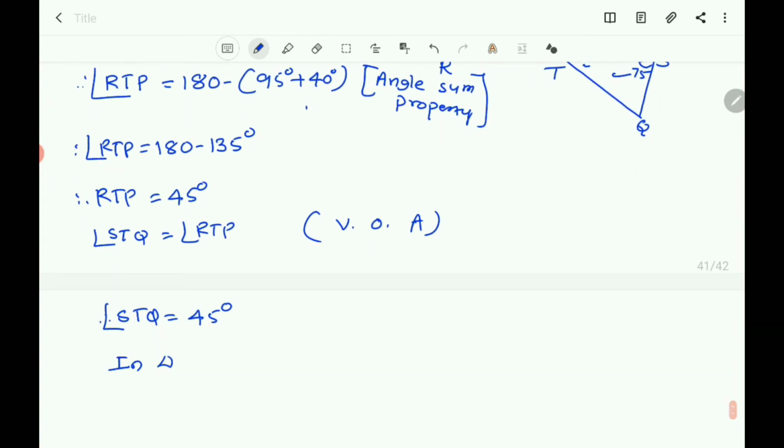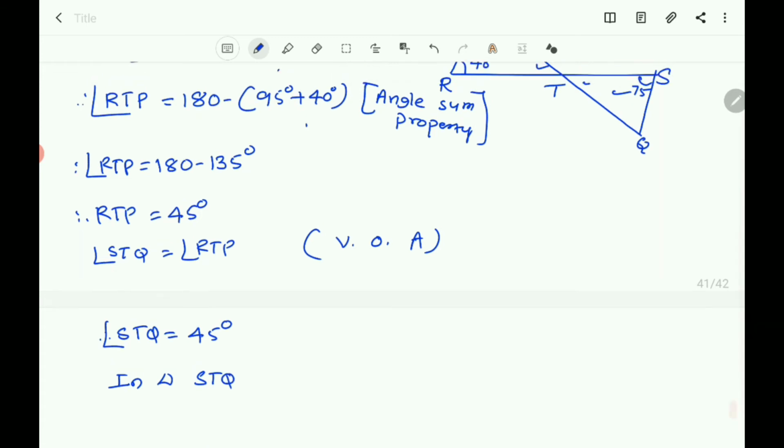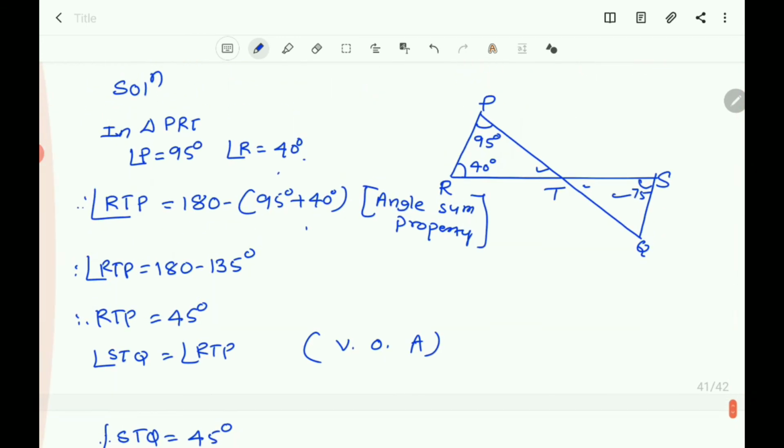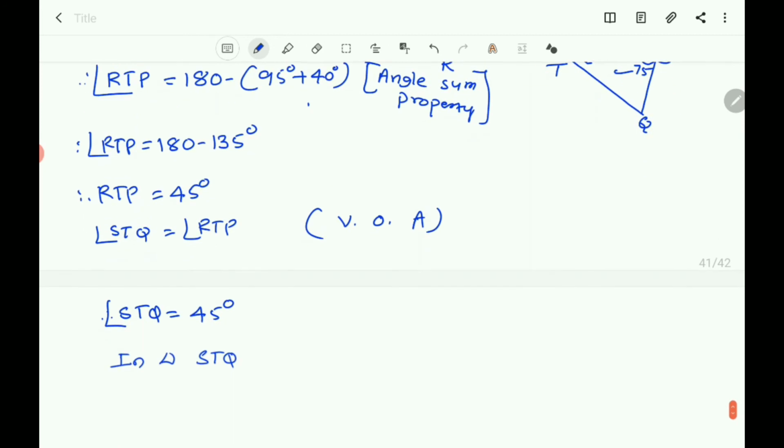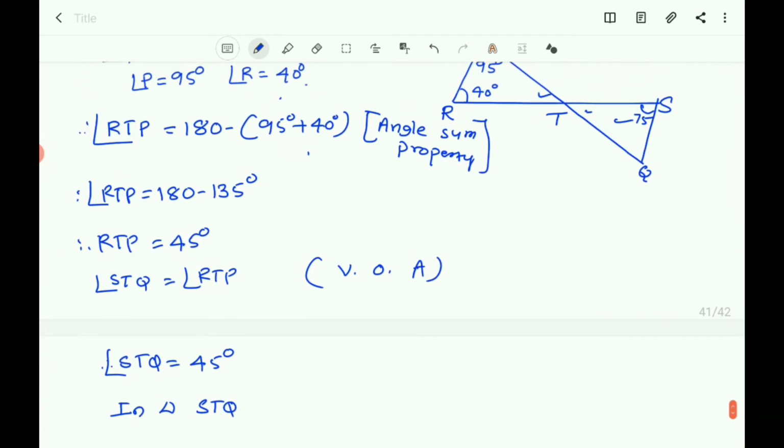Now you take the triangle STQ. In triangle STQ, which angle is asked here? Angle SQT. So which two angles are known here?